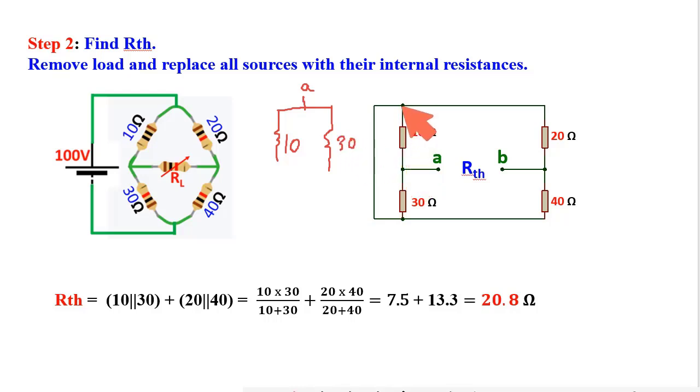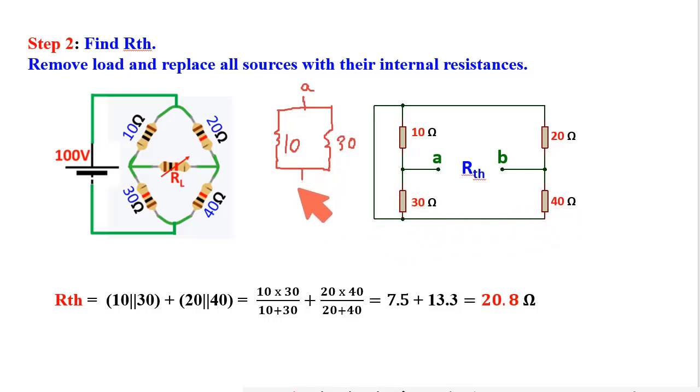It meets at a particular point. This point and this point are the same point. So from this point, I am again getting two paths. One path is this 20 ohm, another path is this 40 ohm.